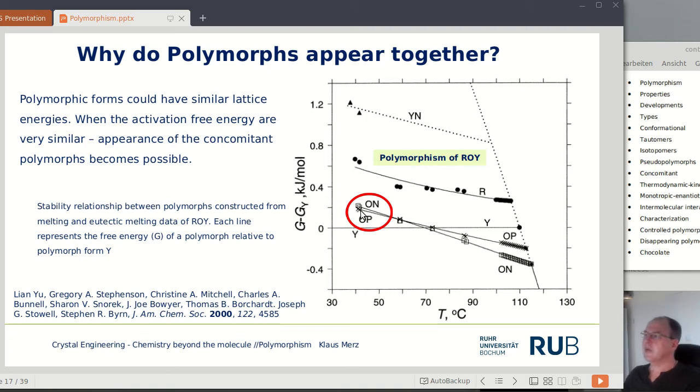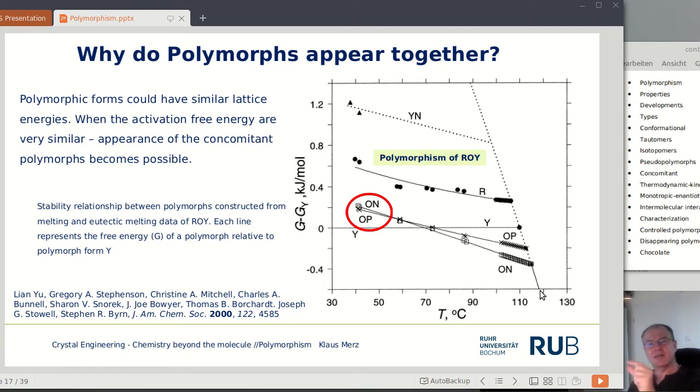Or on the other side, if you look for a big difference, OP here, ON is roughly, I would say, 0.35. And if we look at the difference of epsilon to ON at around 120 degrees, the difference is 0.3, less than 0.4 kilojoule.